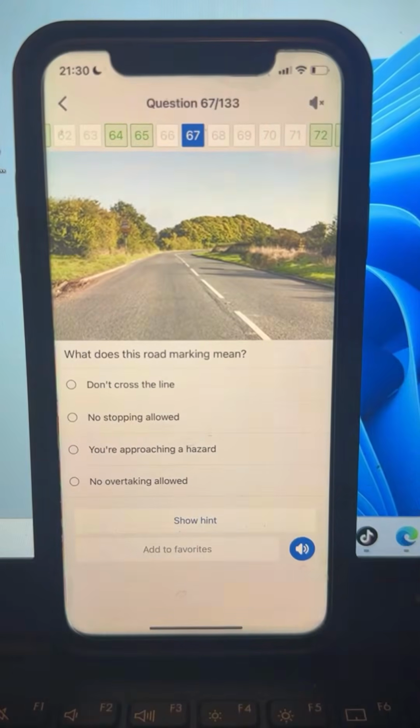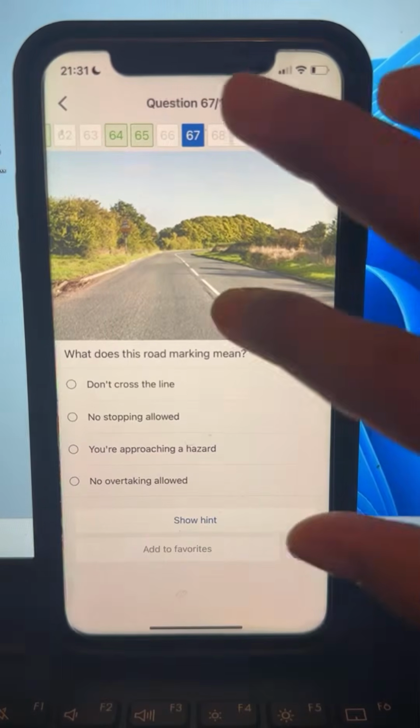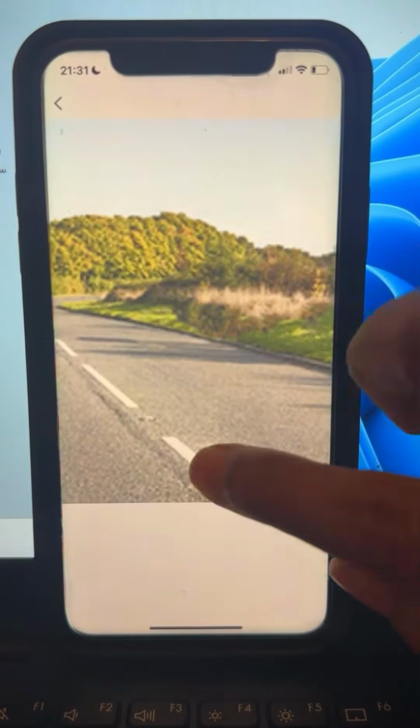Now let's just cover this one. What does this road marking mean? Can you see, it's road markings, these white lines.